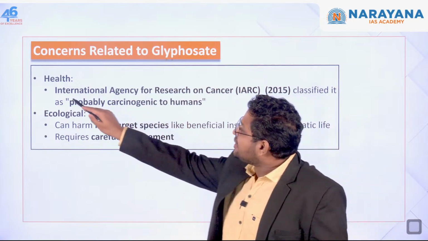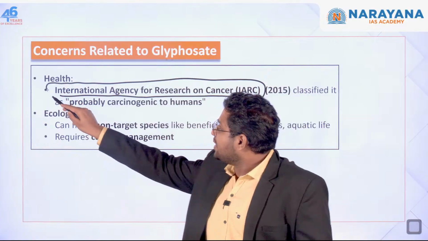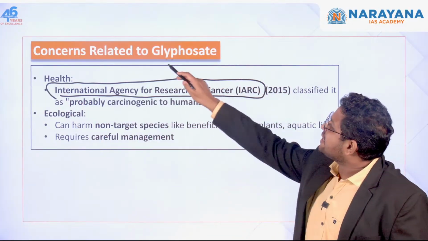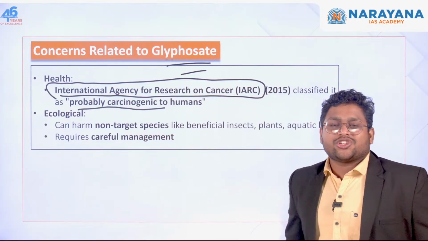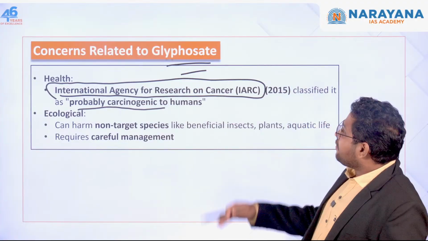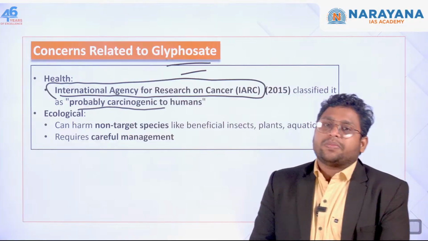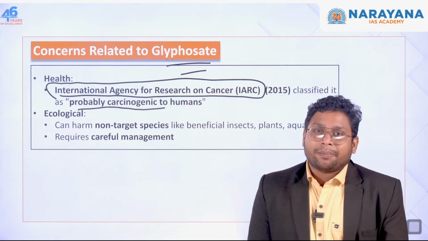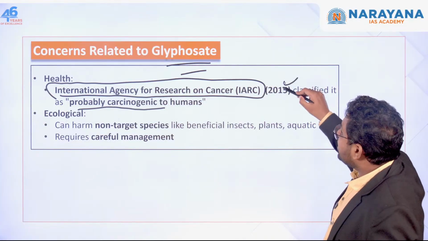The International Agency for Research on Cancer has classified glyphosate as probably carcinogenic. So there's a possibility that if glyphosate enters the food chain, it can cause cancers in human beings. This is concerning.